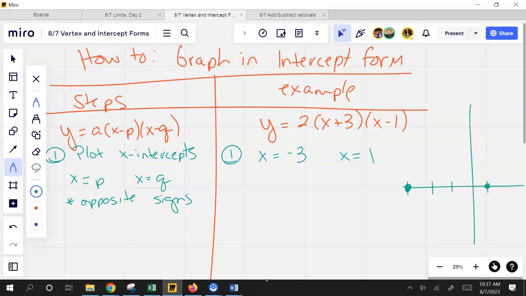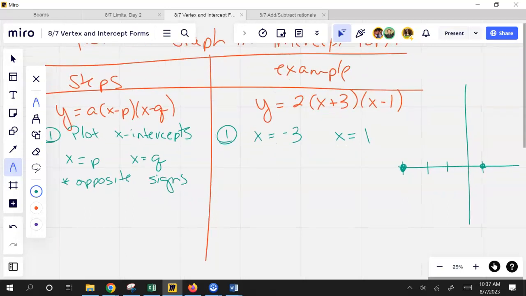So to find the vertex, I'm going to add p and q together and I'm going to divide by 2.